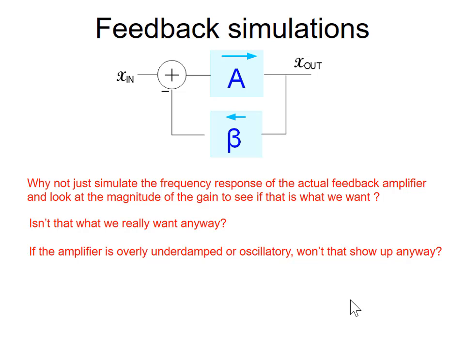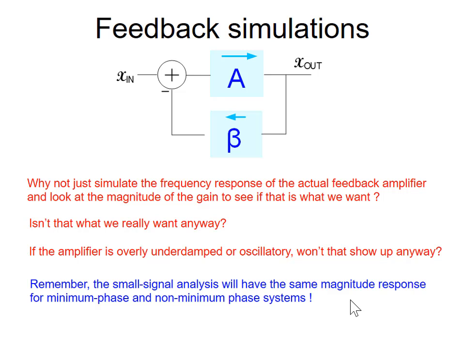But keep in mind that when you do a Bode plot, it linearizes the network at an operating point, and it just looks at a magnitude of the transfer function, right? Magnitude of the output for a given input. So it won't show up in the magnitude response, although it would show up if we put a step in. Another reason that we can't look at the magnitude response: a lot of times if you have a problem with an amplifier with bringing in the step response, you also have overshoot in the magnitude response.